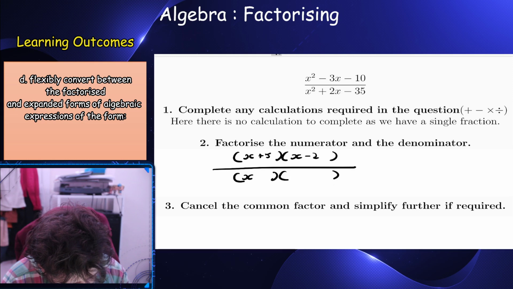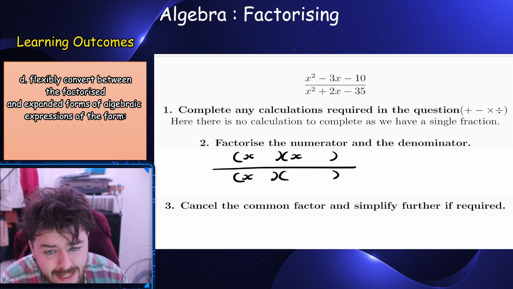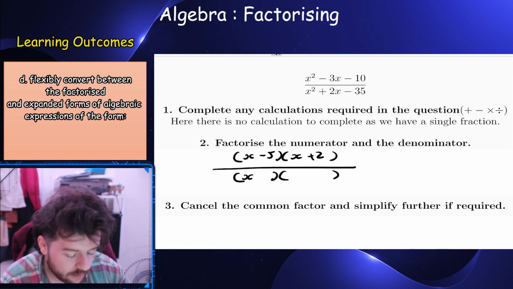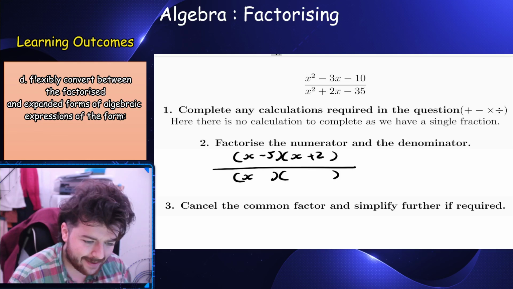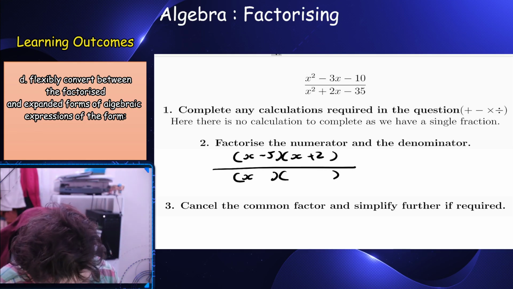Did I do something wrong here? Oh, sorry. Top one here. See, I make mistakes as well, guys. Sorry, it's going to be a minus 5 and a plus 2. Sorry about that. Just testing you guys. Then the bottom one here, I'm going to have an x minus 5 and an x plus 7.